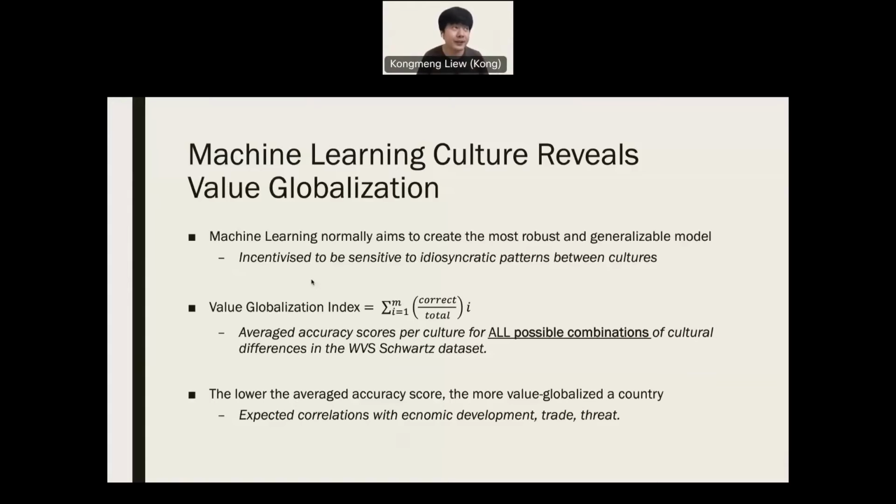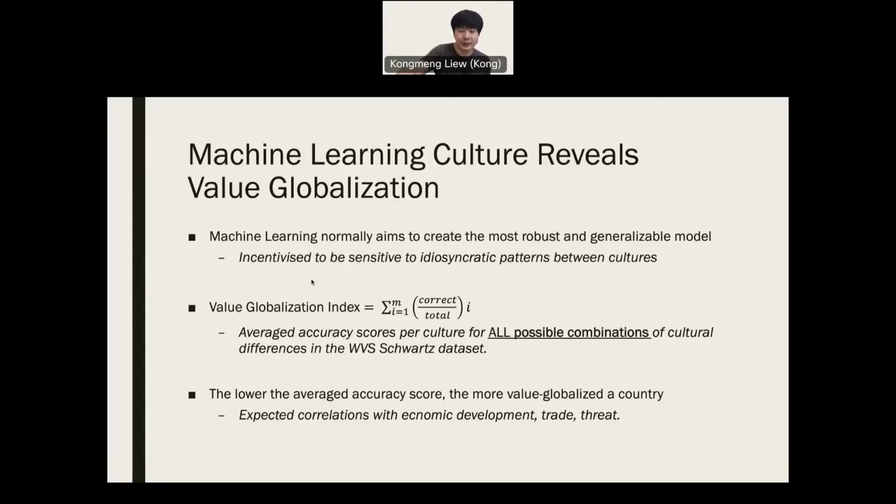What we refer to as value globalization is an index, a score of how unique or connected each country is to the global average, because we're looking at all possible combinations of dyadic, two-by-two cultural differences in this data set.